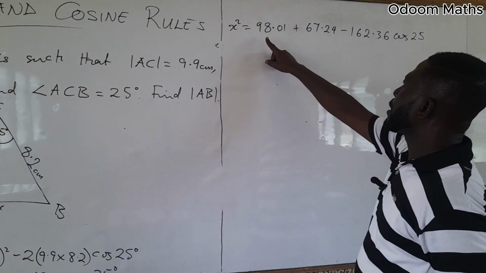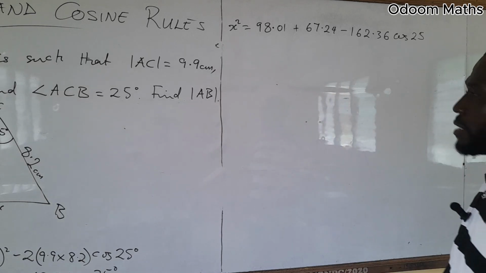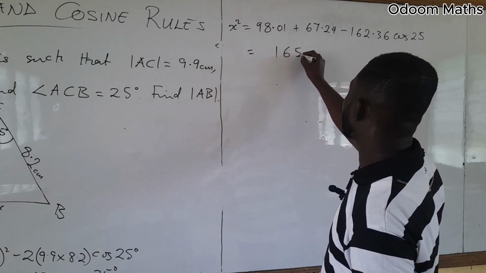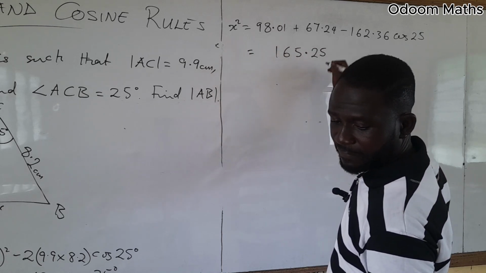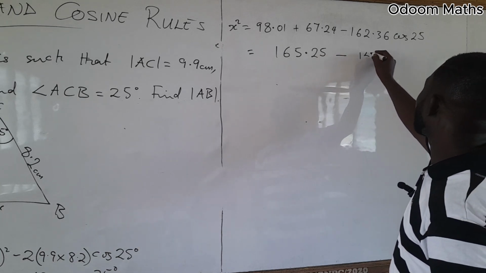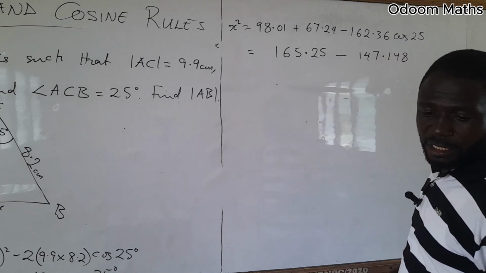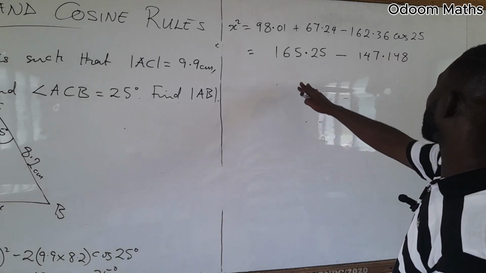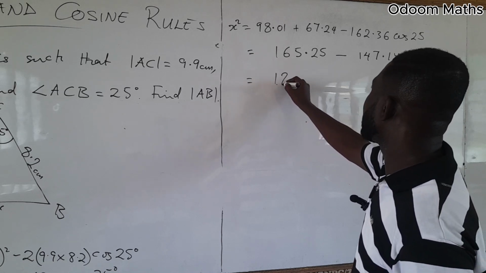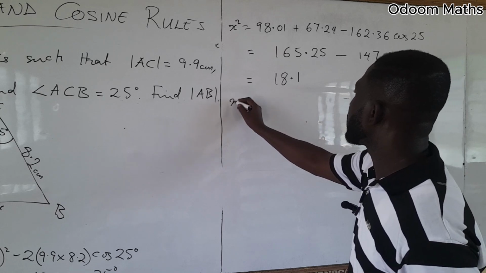Okay, so 98.01 plus 67.25 is 165.25. Okay, then minus, and this is also going to give us 147.148. Okay, so after subtracting this, we are getting 18.1. Okay, so this is x squared.